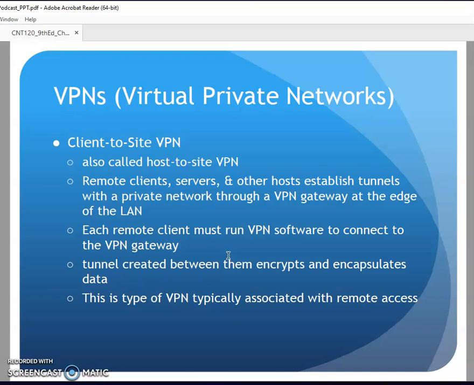Client to site, this is what a lot of people did during the pandemic. We had my connection from my home into my office, if you will. So here, the VPN software for my remote client is getting the encrypted tunnel back to the main office.